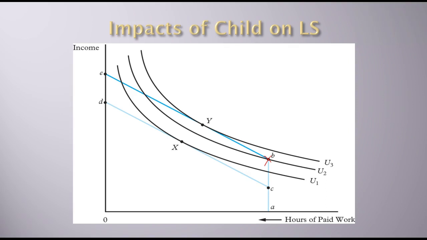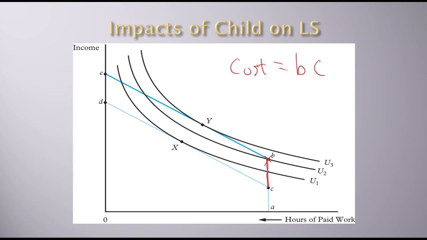Now, if they decide to go to work, they will need to put their child into some sort of a daycare or child care program. And let's say that that child care cost is equal to this difference here, BC. So if they don't work at all, they'll have B dollars.